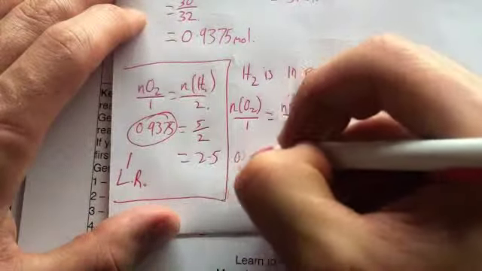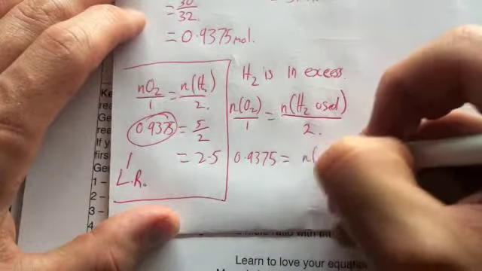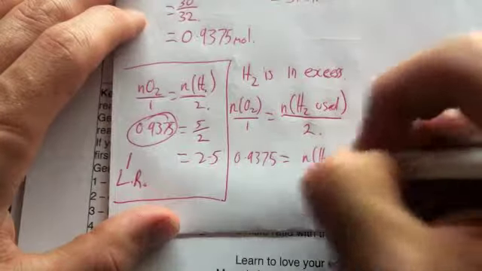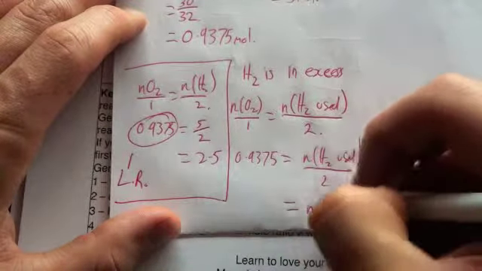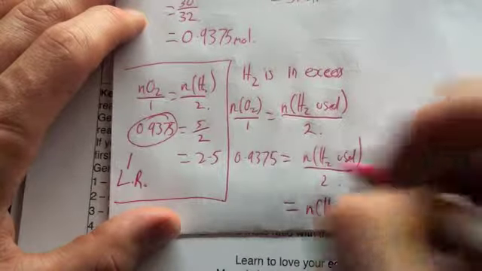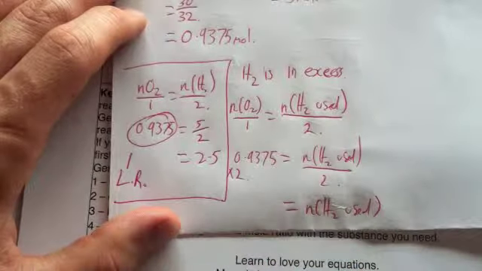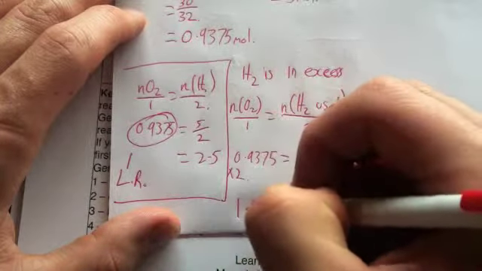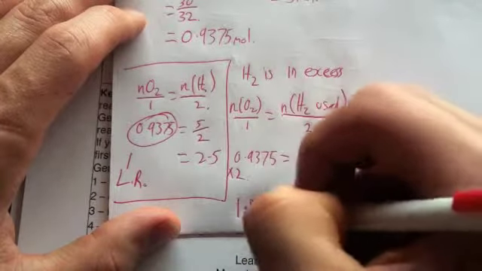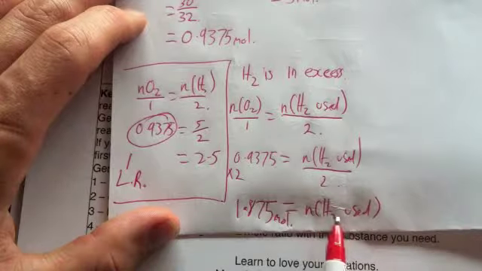So 0.9375 equals the number of moles of H2 used over 2. Therefore, to get the number of moles of H2 used, we multiply by 2, and it is 1.875 mole. That tells us how much H2 is used.